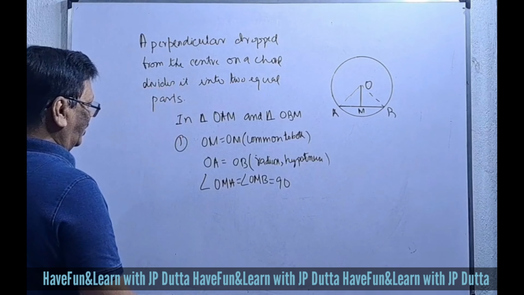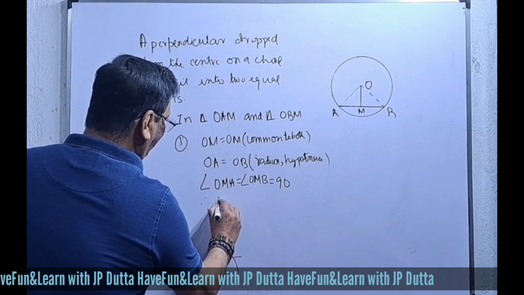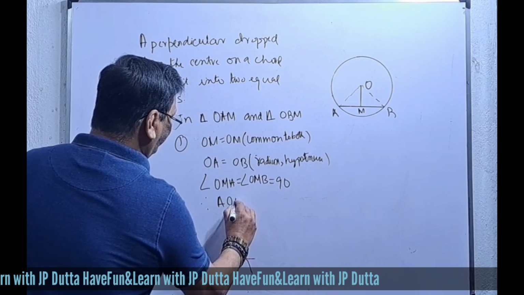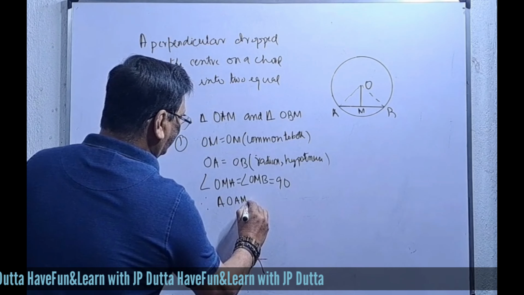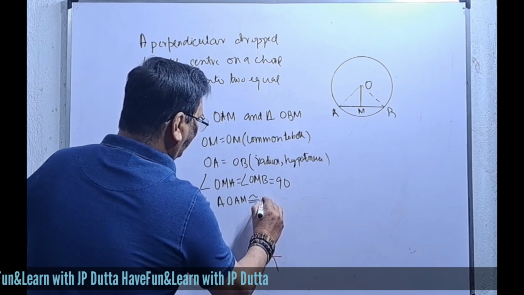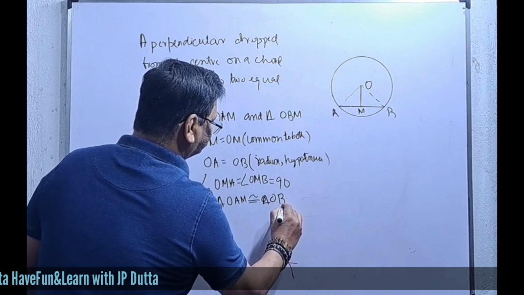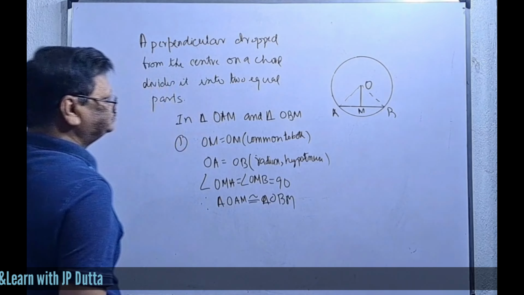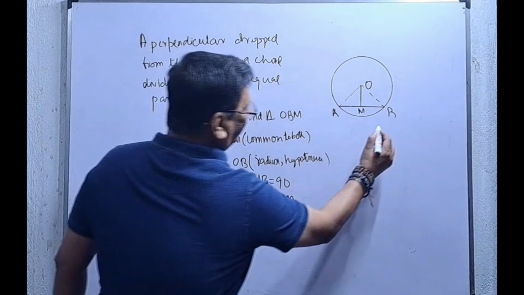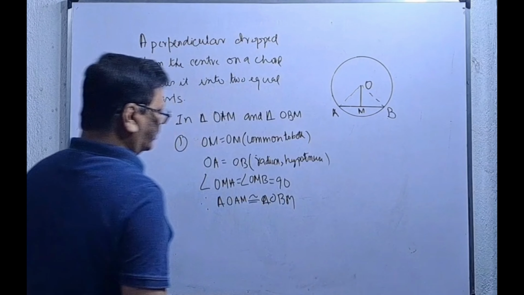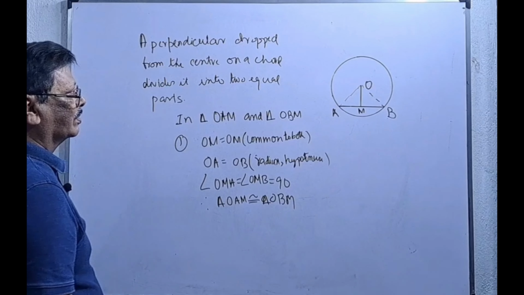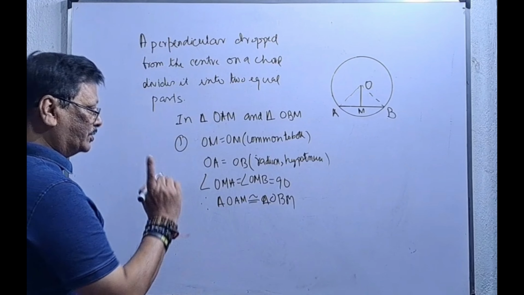So triangle OAM is congruent to triangle OBM. This is B. Understood?